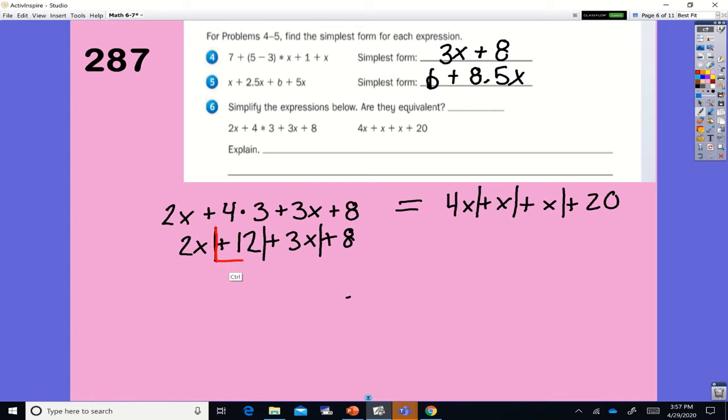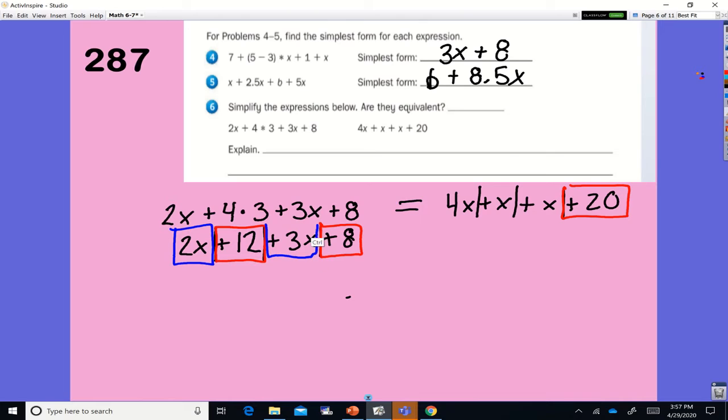So now we have in red all of our regular numbers. And then in blue, we're going to do our x's. Now we have the equal sign there because we want to see if they're equal to one another.